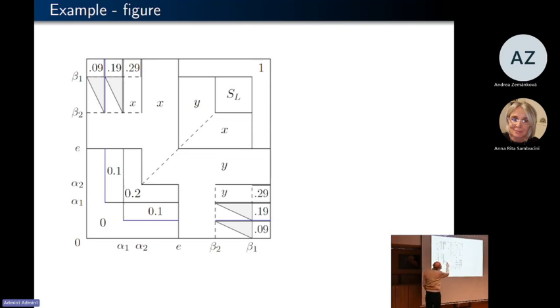And here in this part, we have three areas of constantness. The values are always smaller than these values.